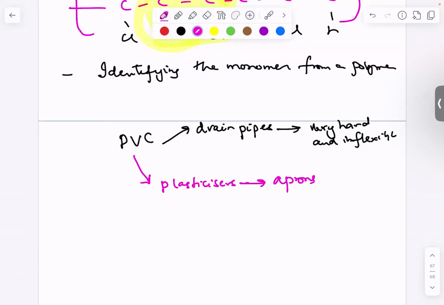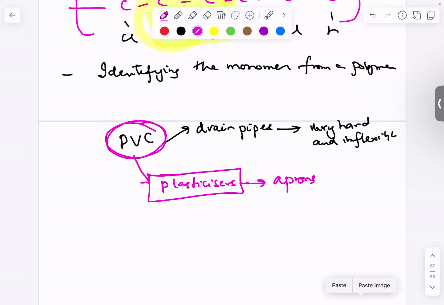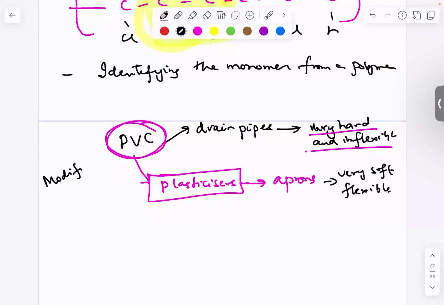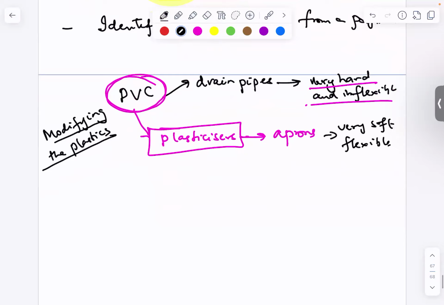You cannot fold a drain pipe, it will break. So look, the polymer remains the same, but only by adding plasticizer you can change the properties. That means first it was hard and inflexible. Now it would be very soft and flexible. Is it clear? So this was about modifying the plastic. I'm trying to explain it in simple words and quickly so that we can cover more. Should I go to the next point, Zena?